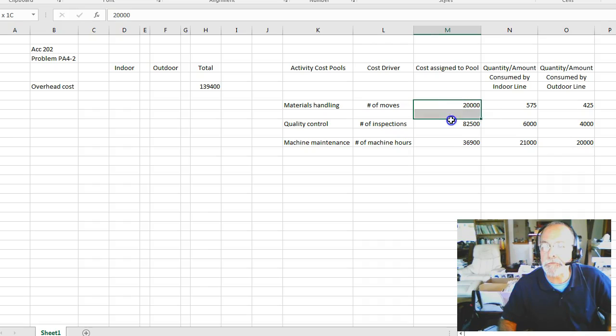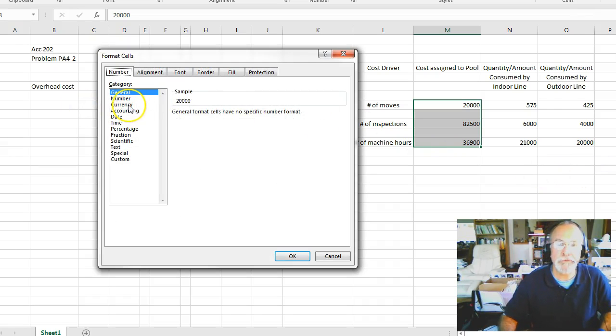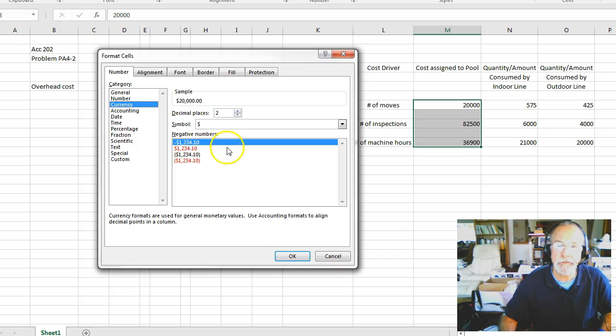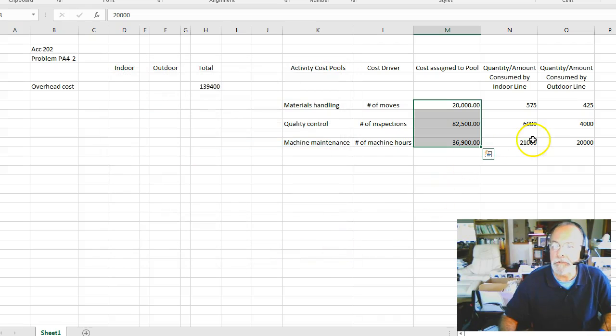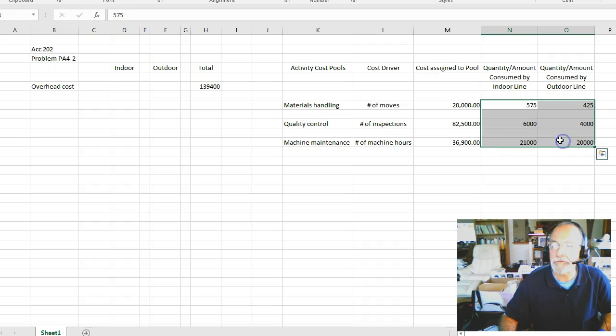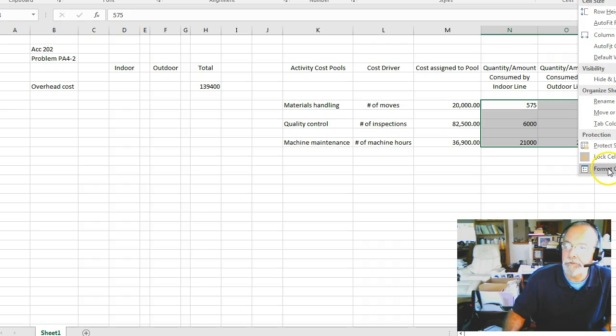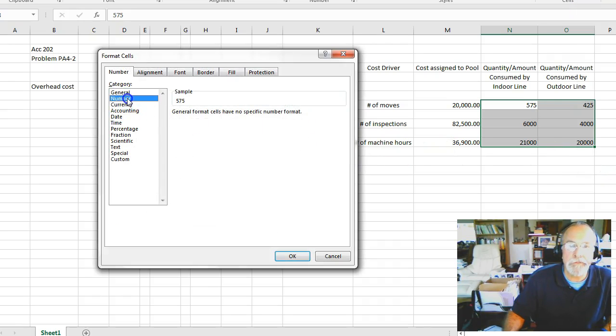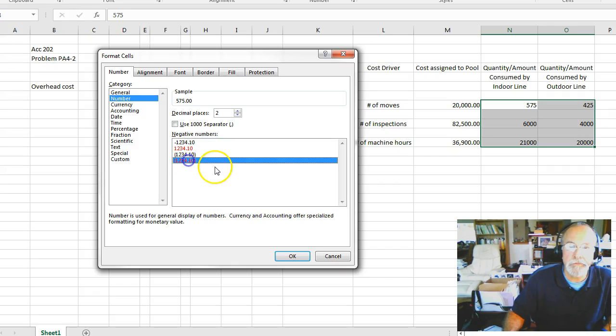Okay, so let's put some formatting here so that we can tell what these numbers represent. So we'll use currency formatting for the cost column, and for the quantity amount numbers we can use something a little simpler. We can use numbers, and we can probably go with 0 decimal places.